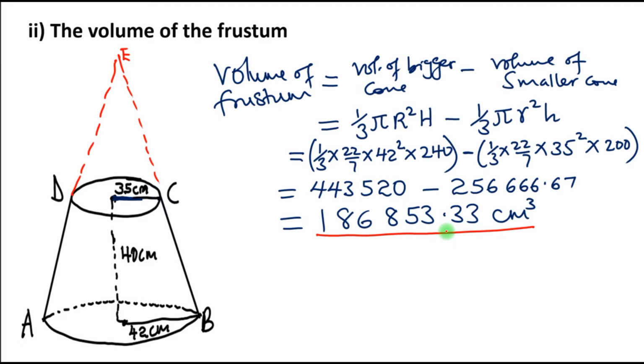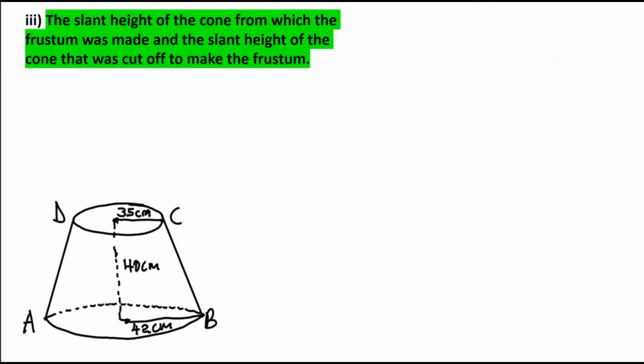Then the next part is to find the slant height. So the slant height of the cone from which the frustum was made, and the slant height of the cone that was cut off to make the frustum. In this case, we need to use the knowledge of Pythagoras theorem, and we need to come up with a right-angled triangle.